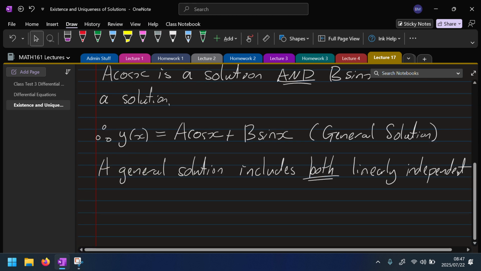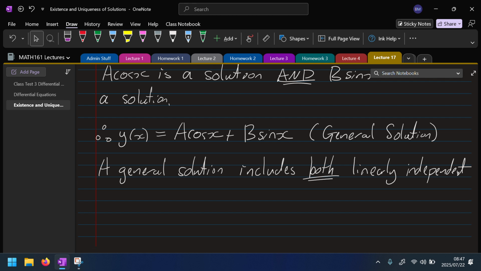Okay, good. So you would have done that with vectors. We're going to do a similar thing with functions, but the idea is the same. Whatever you learned in your 132, that applies to this. But instead of linearly independent vectors, we now look at linearly independent functions. The idea is exactly the same. So both linearly independent solutions. Okay, and again, those are a cos x and b sine x.